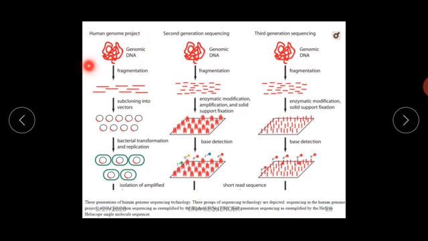These are the 1990s first generation methods, whereas the second generation and third generation are the latest ones, like NGS. The second generation includes Sanger's method or the Maxam-Gilbert method, and pyrosequencing. For the human genome project, the genomic DNA was taken in the 1990s, and further the fragments were created.